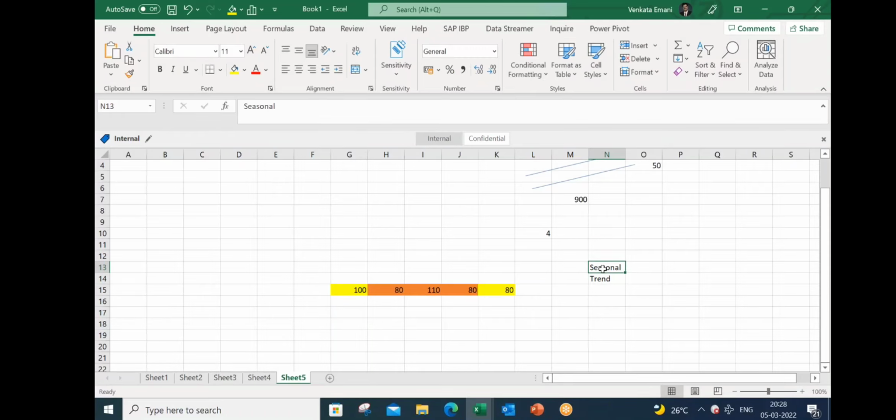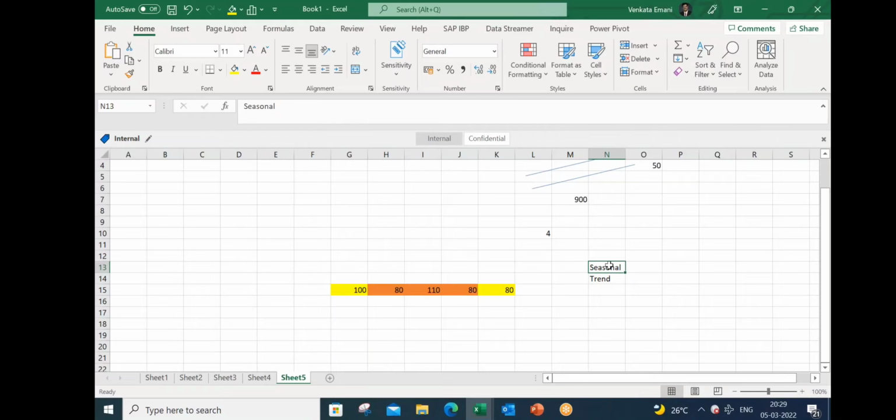Seasonal pattern: suppose I am doing an umbrella business. In the rainy season, my sales will go very high every year. In the summer season, or in the winter season, my sales will drop by a huge margin. So when I calculate my forecast for the future 2 years, in the rainy season it should give me a higher forecast number, and in the remaining months a lower one, because that's my business.